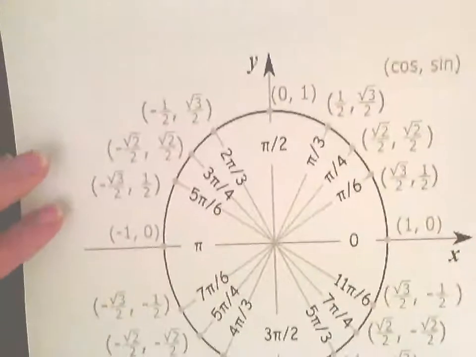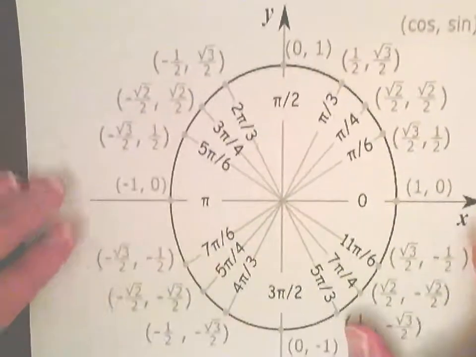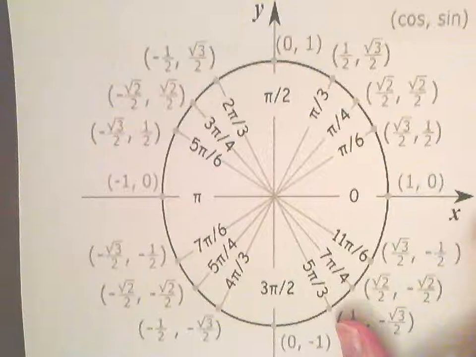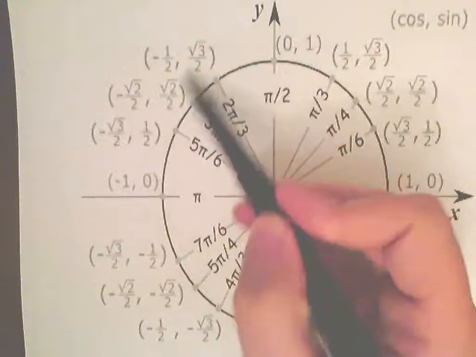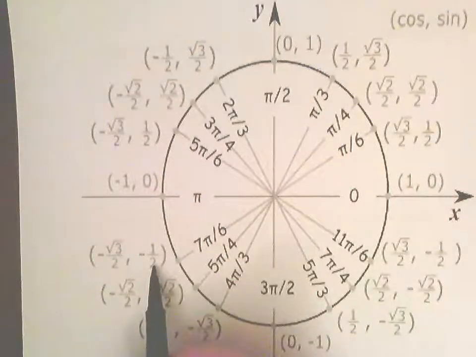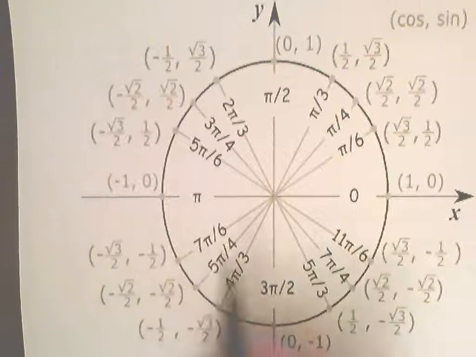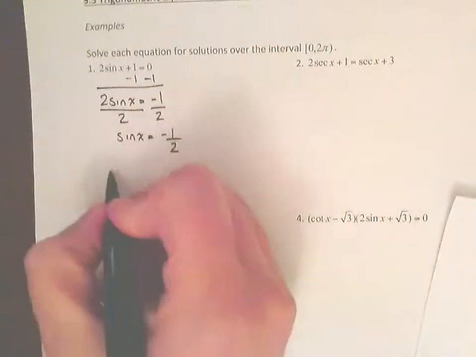So the question is, where is sine of x -1/2? So on our unit circle, sine of x, remember, is y. So where is y -1/2? Obviously it's not here. Obviously it's not here. So our solutions are going to be right here. So one of our solutions is 7 pi over 6.